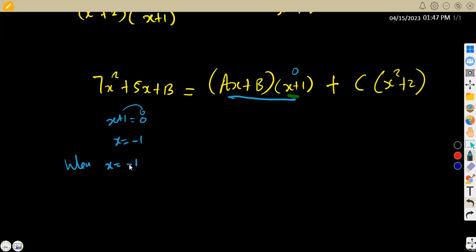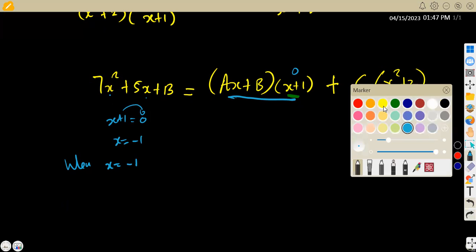So let's substitute. When x is -1, we substitute -1 in this case. This is a condition that is easier to work with. We start with what is easier. So this is going to be 7 into, let me just bring back this one.